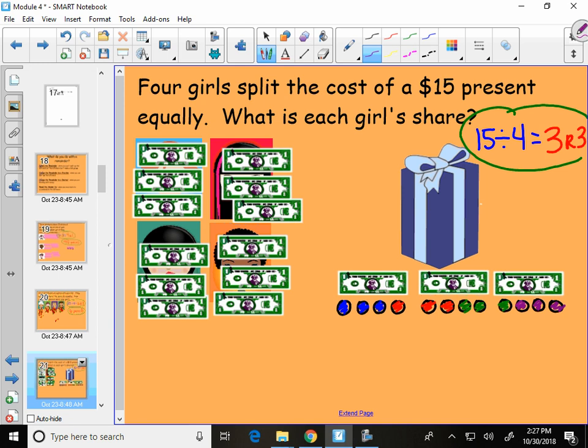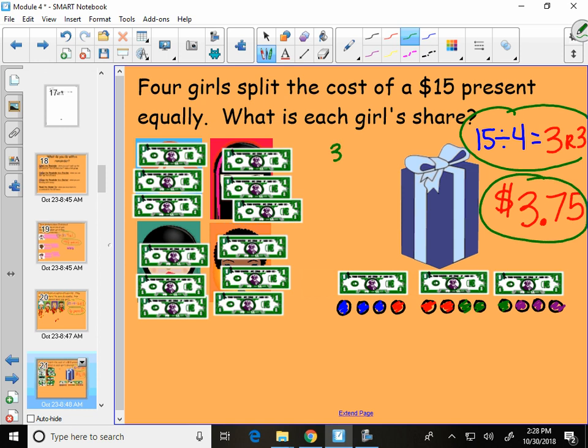So mathematically, the answer is 3 remainder 3. But in real life, you would say we each owe $3.75. And we could check it.